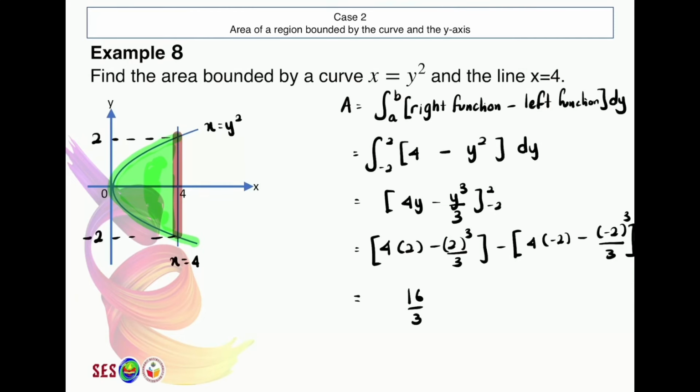And in the second bracket, you'll be getting minus 16 over 3. So when minus meets minus, you get 32 over 3 unit squared. Remember to write the unit. So that is how you solve questions like this.